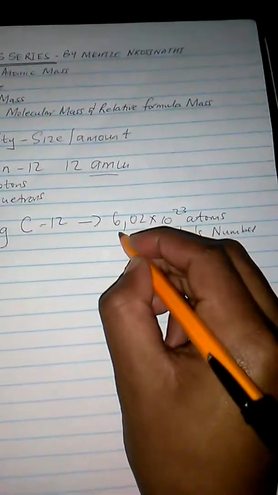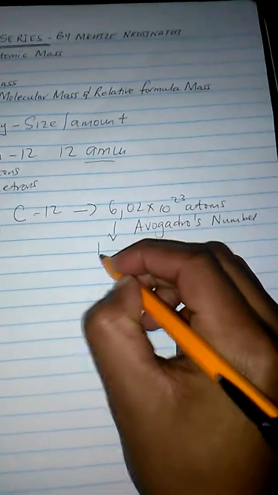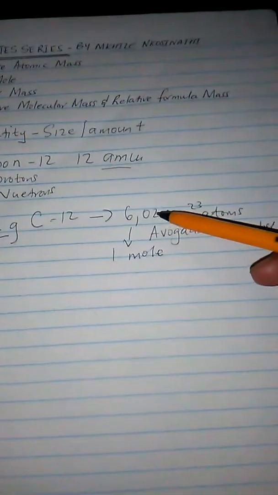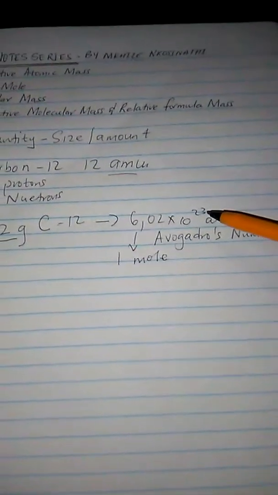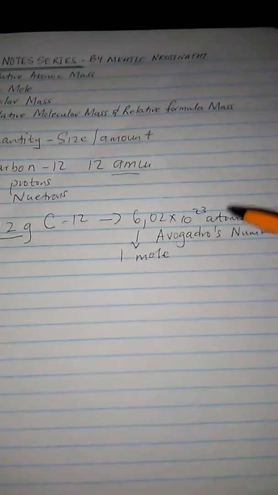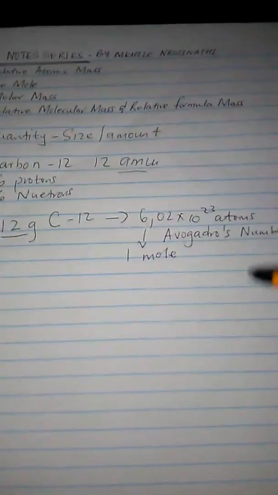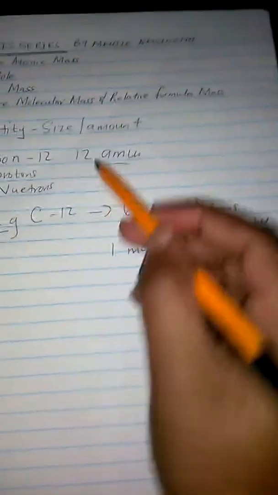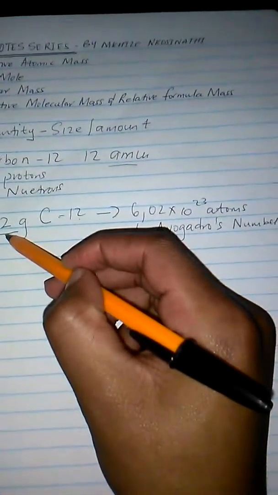So they call this 1 mole. They said, if we have 6,02 times 10 to the power 23 atoms or particles, then we have 1 mole of that substance. So for carbon, it matched very well.